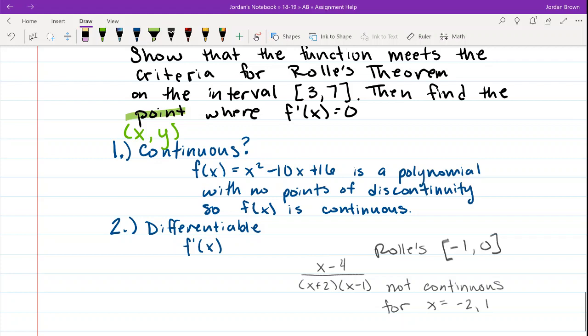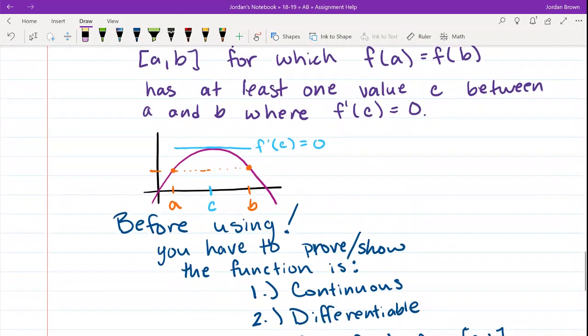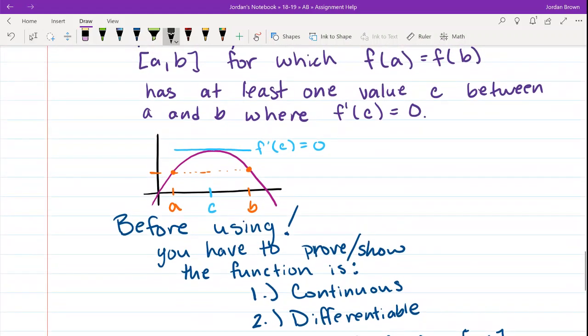Yes, -2 to 1, but for Rolle's it does ask to have a closed interval because you do need to have the y values of those points. So yeah, what Griffin said, it has to be continuous at the endpoints. You have to use the endpoints, so you can't do the open parentheses. It has to be brackets.